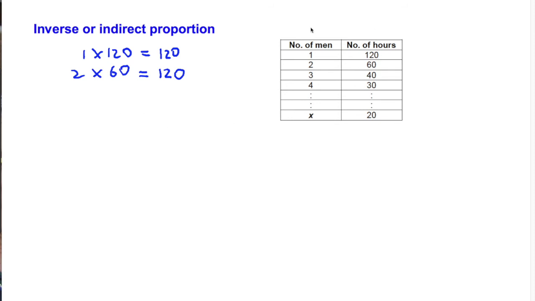That means if the number of men is M and the number of hours is T, then the number of men times the number of hours will give us a constant value. This can be written as M equals constant over the time. This is an inverse proportion.